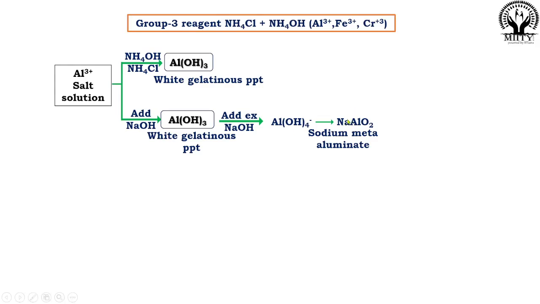To the sodium meta-aluminate, if I add ammonium chloride and heat, ammonium chloride is acidic and sodium meta-aluminate is basic. As a result, an acid-base reaction takes place. Again, we get the corresponding AlCl3 solution.